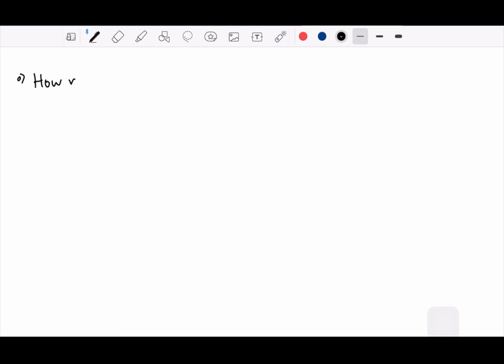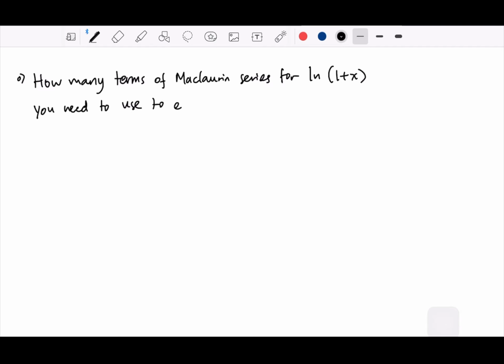How many terms of the Maclaurin series for ln(1 plus x) do you need to use to estimate ln 1.4 within 0.001?